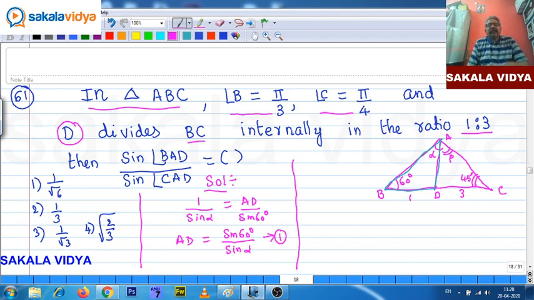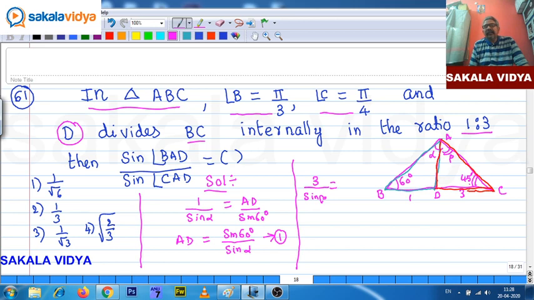Now I change the color, red color. Again take the other triangle. In this triangle here the side is 3, and 3 by sin beta, opposite angle is beta.